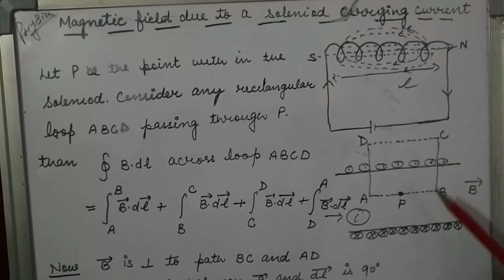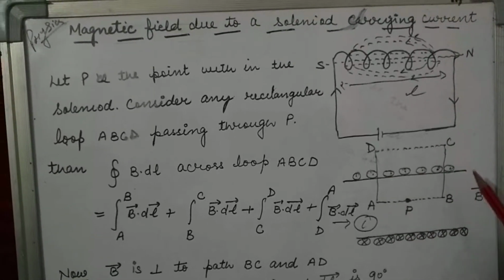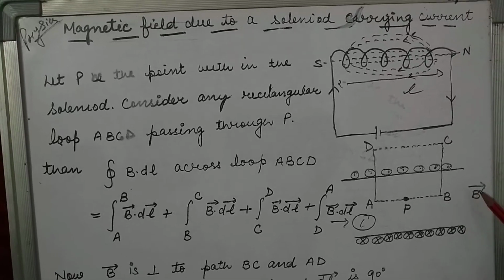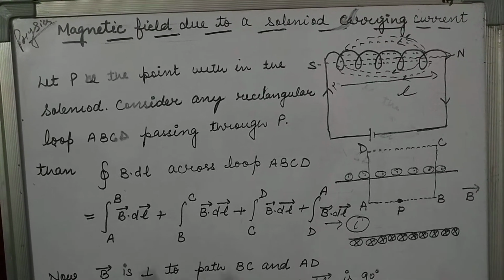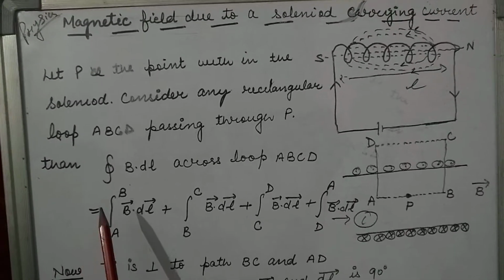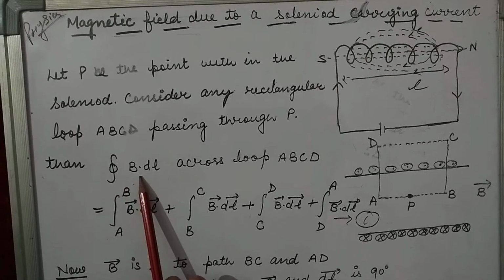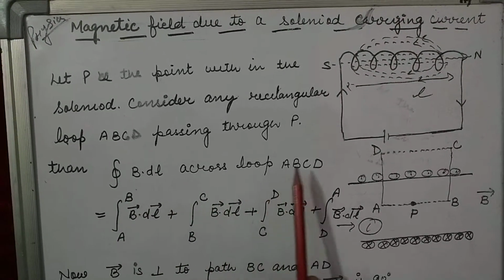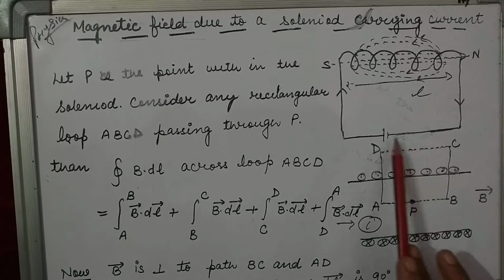So for the total magnetic field due to this loop placed within the magnetic field, we take the closed integral of B dot dl across the loop ABCD.